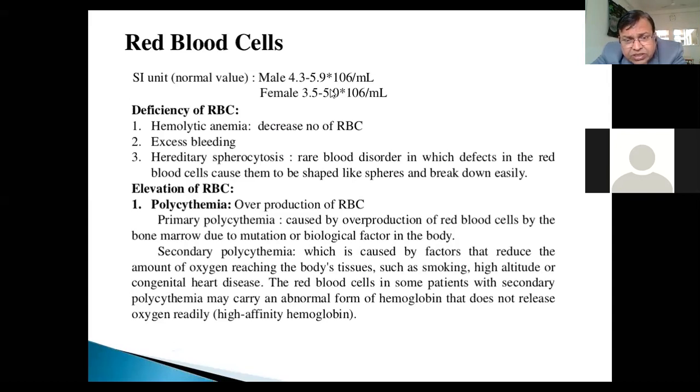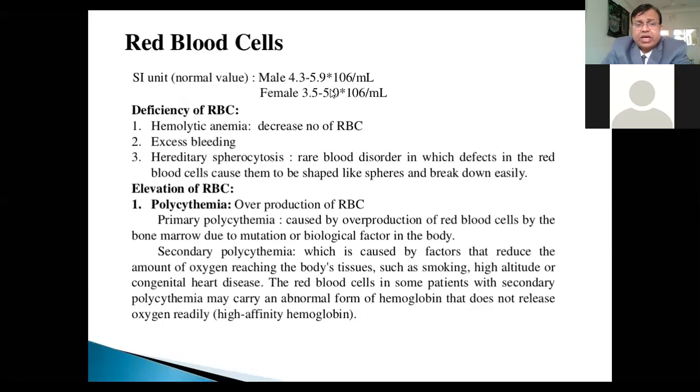Now, the red blood cells in some patients with secondary polycythemia may carry an abnormal form of hemoglobin that does not release oxygen readily. That is called high affinity hemoglobin. In that condition also there is a chance of increased RBC count.